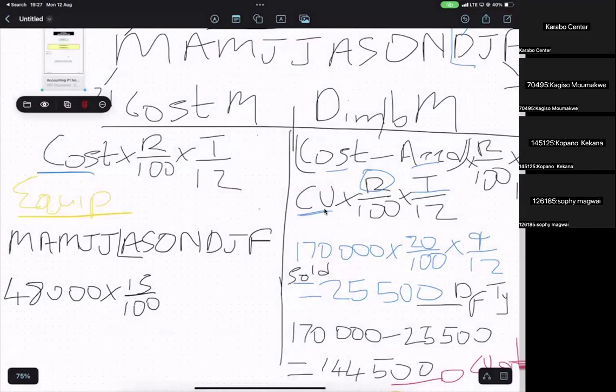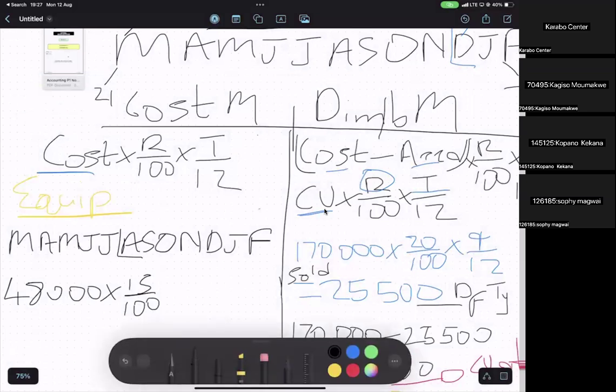So from August, the asset was there: August 1, 2, 3, 4, 5, 6, 7. So it stayed inside the business for 7 months, so times 7 over 12.